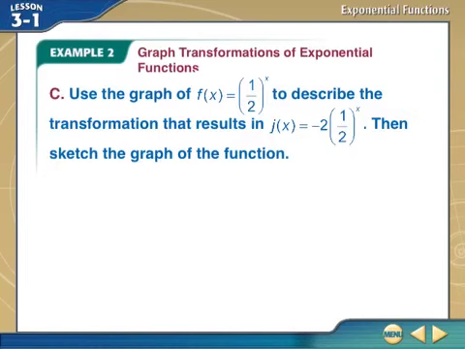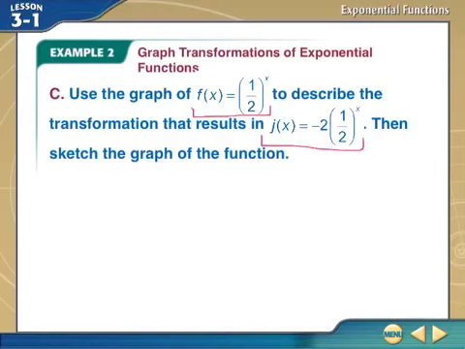In example 2, part C, we're asked to use the graph of the same parent function we've used in part A and part B to describe the transformation that results in the function j of x, which is negative 2 times 1/2 to the x.